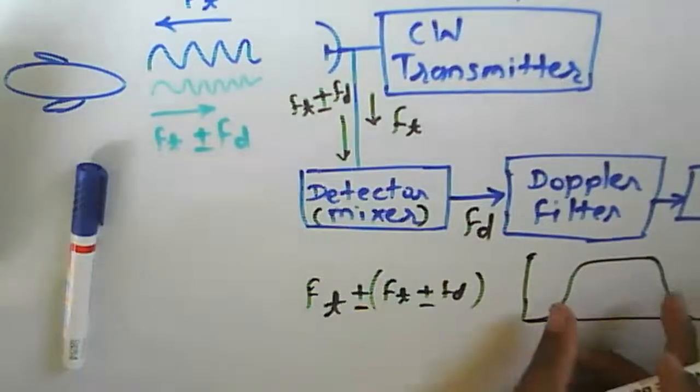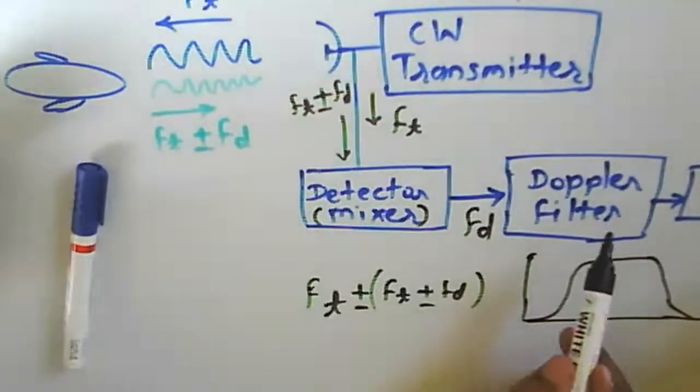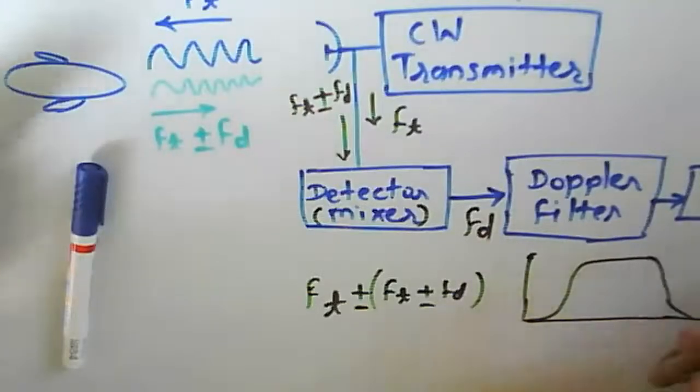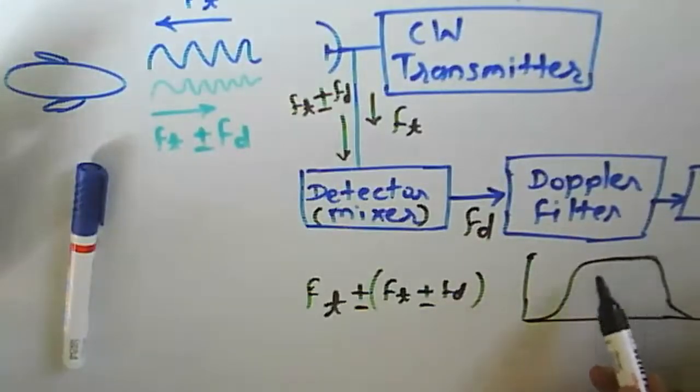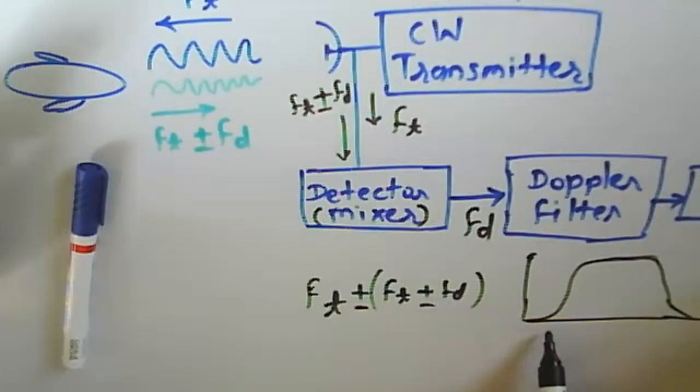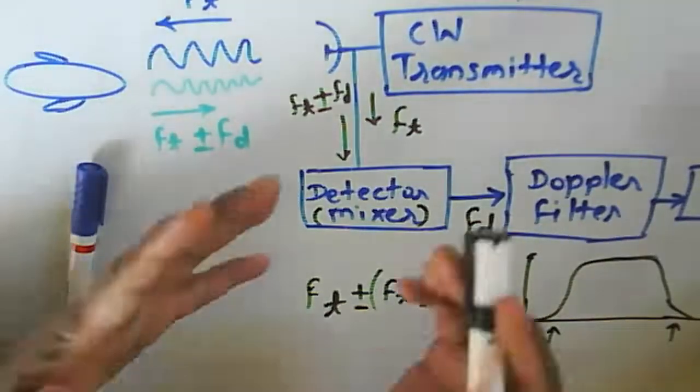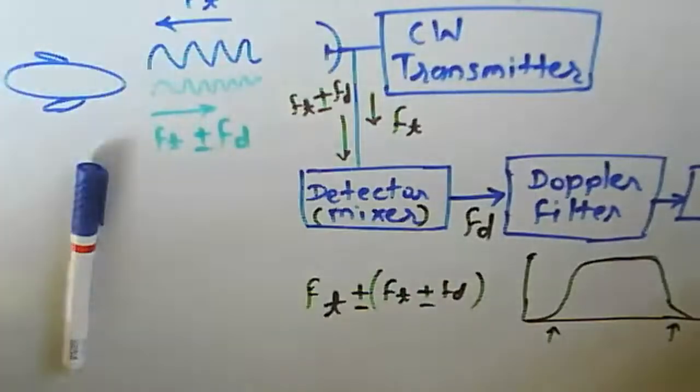So it acts like a band pass filter, or you can say a beat frequency amplifier. It will amplify the echo signal as well as filter it. The lowest range and the maximum range of this particular filter will define the property of your CW radar.